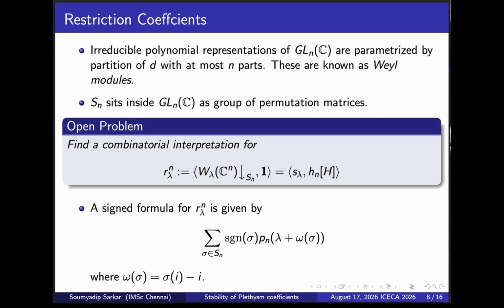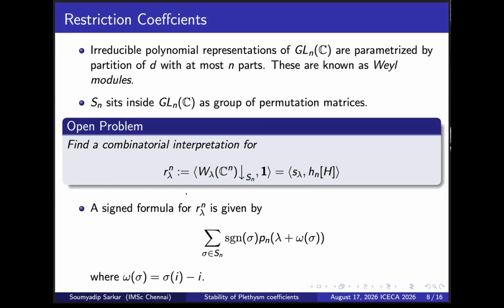But actually, Littlewood had one formula. By Littlewood's formula, we know that this coefficient has to be equal to the coefficient of s lambda in the expansion of h_n plethysm h_d. But as I said, the monomial expansion of h_n plethysm h_d is very easy to write, but we do not know any combinatorial interpretation for the Schur coefficients.